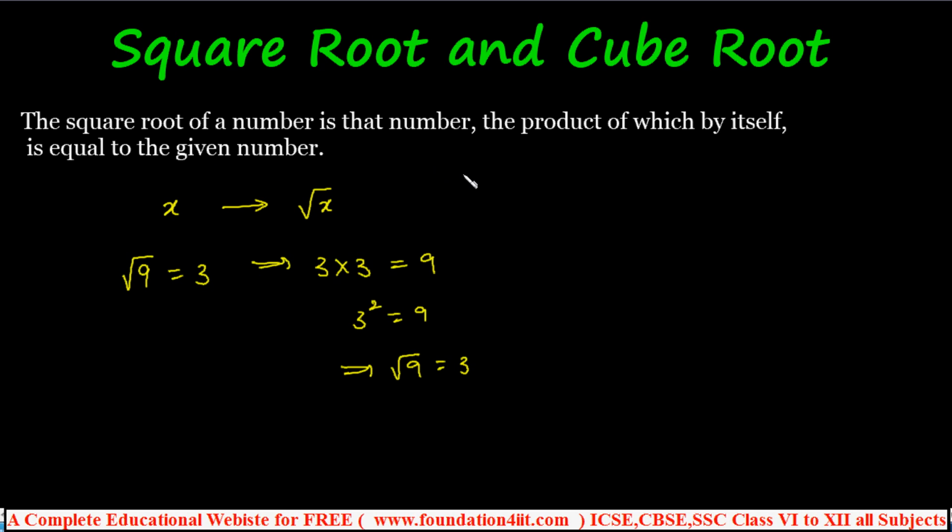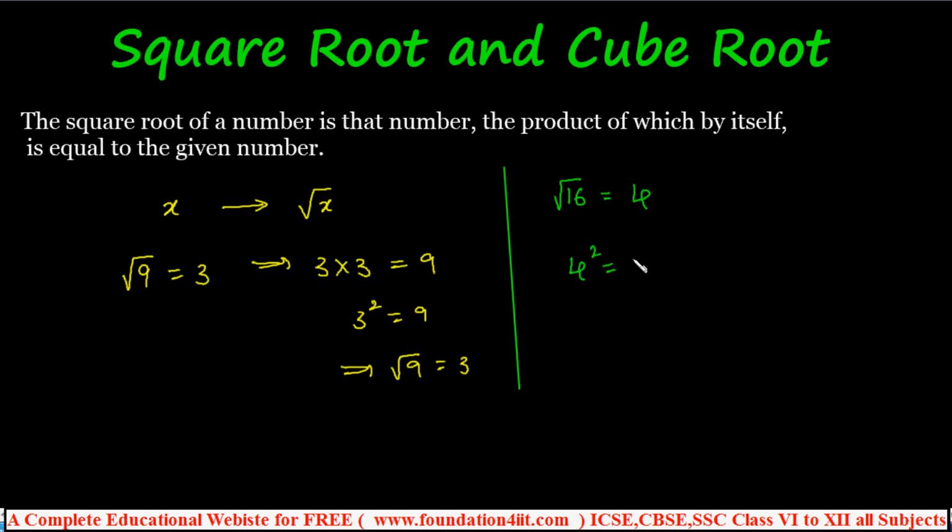Any example you can go through with the same concept. For example, square root of 16. We have to see which number's square is this. 4 square is equal to 16, so the square root of 16 is just 4.